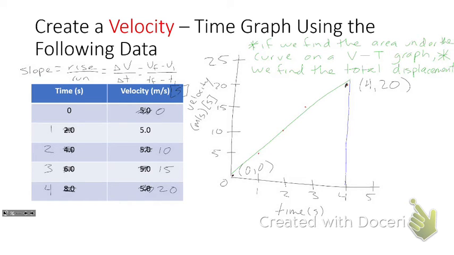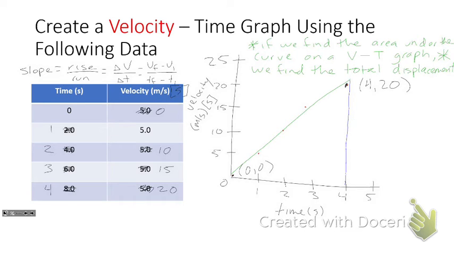So in this question, we just have one triangle, right? So it makes it kind of easy for us to find that. In some cases, your graphs might look something like this. And in that case, you could just find the area of 1, 2, and 3, and then add them all up together.